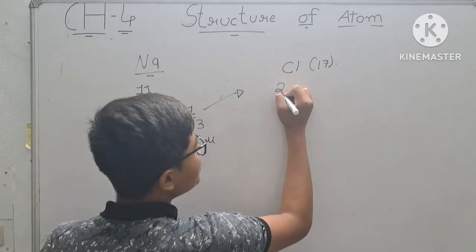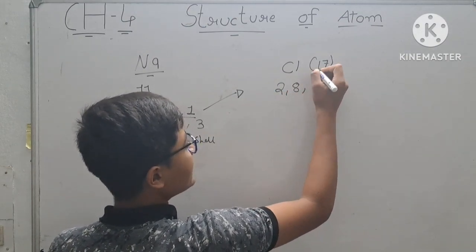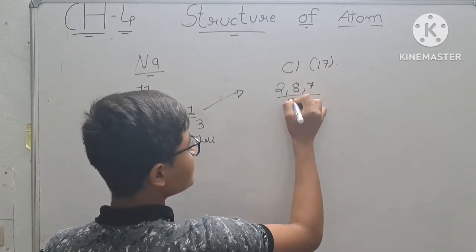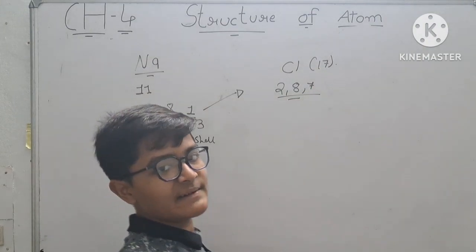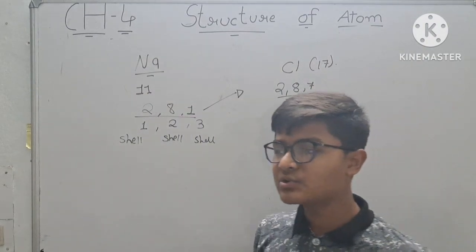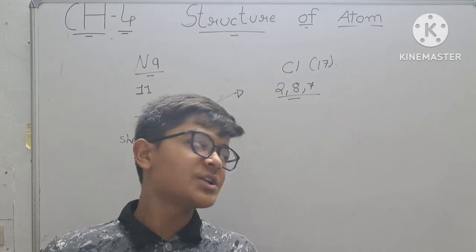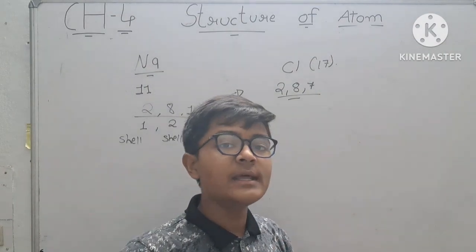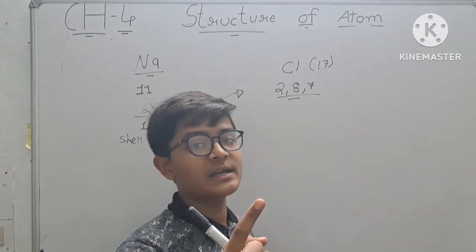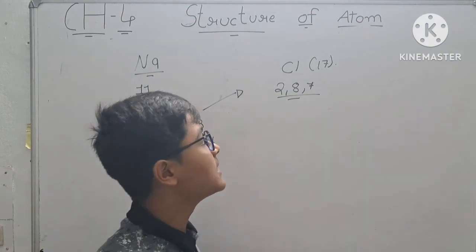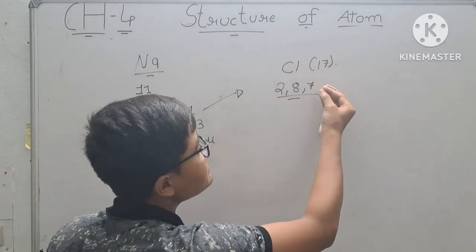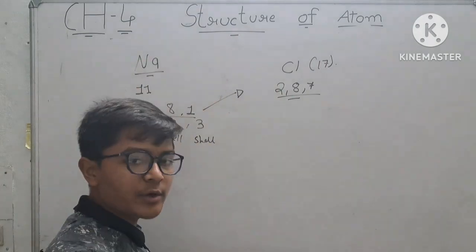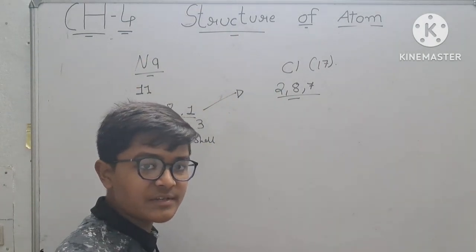You can see in Cl the arrangement is 2, 8, 7. In the outermost shell of Cl there are only 7 electrons. It needs 1 electron to complete its shell. So if Cl gives 7 electrons to sodium, a lot of energy will be wasted.